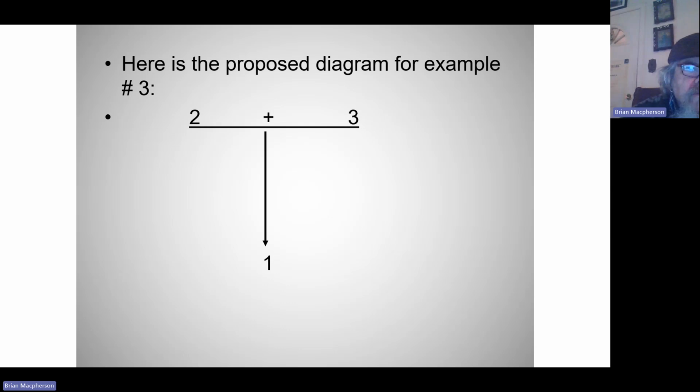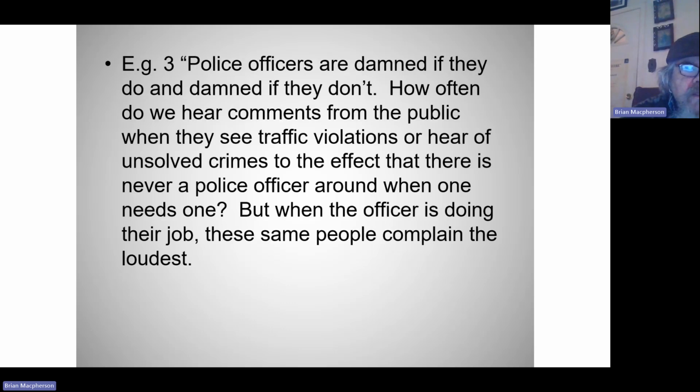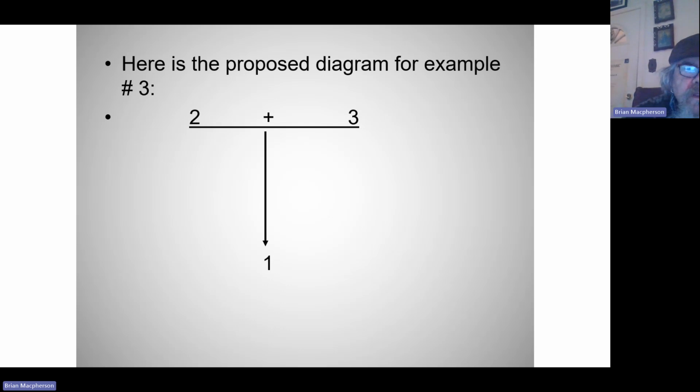Statements 2 and 3. So let's go back. 2 is we hear comments from the public that there are never police officers around when we need them. So that's 2. 3 is that when the officer is doing the job, we also complain, right? That's 3. So together, these two statements support the claim that police officers are damned if they do, and they are damned if they don't, right?